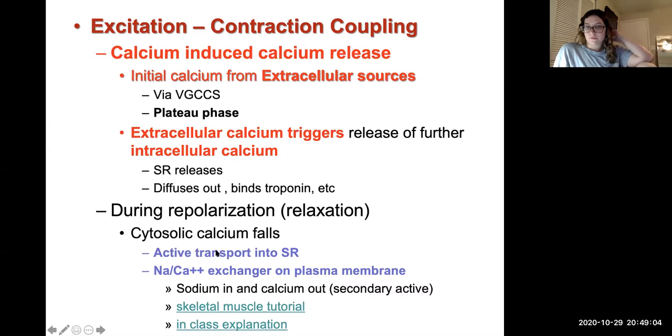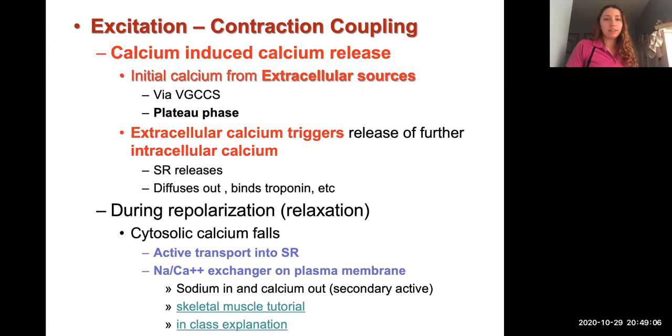Alrighty. Okay, so this is what it's talking about. She was talking about excitation contraction coupling, which I don't know exactly what the word means, to be honest.